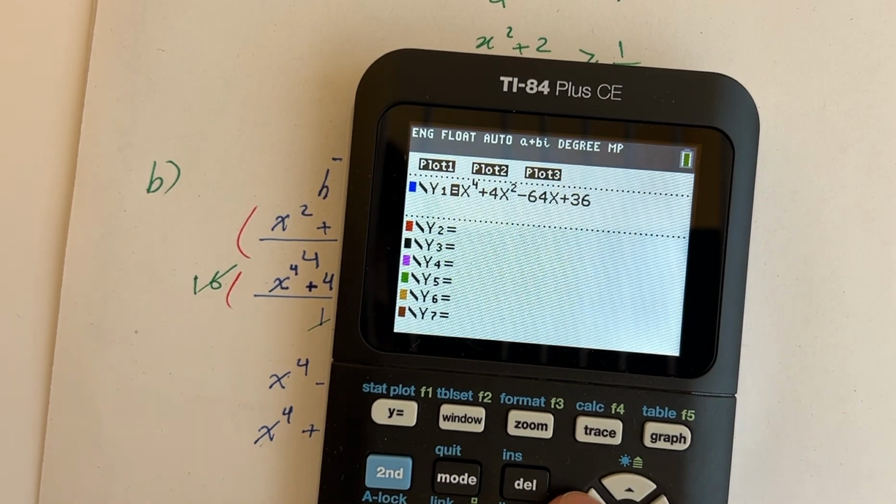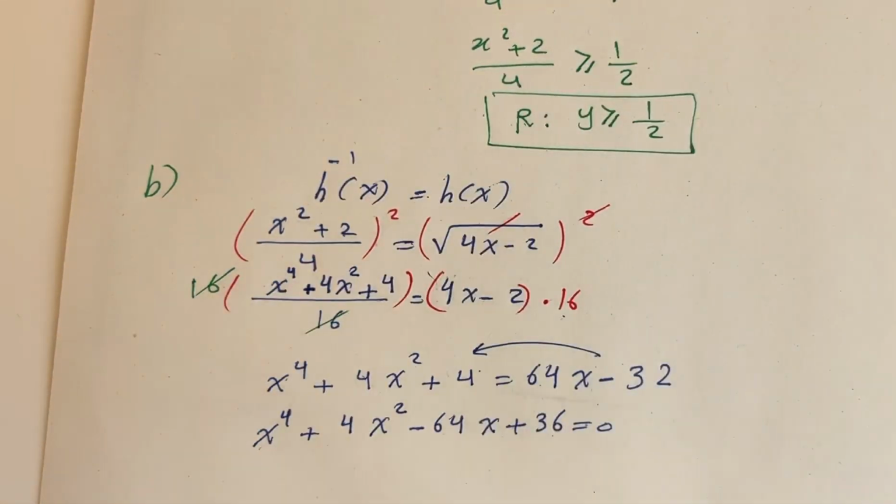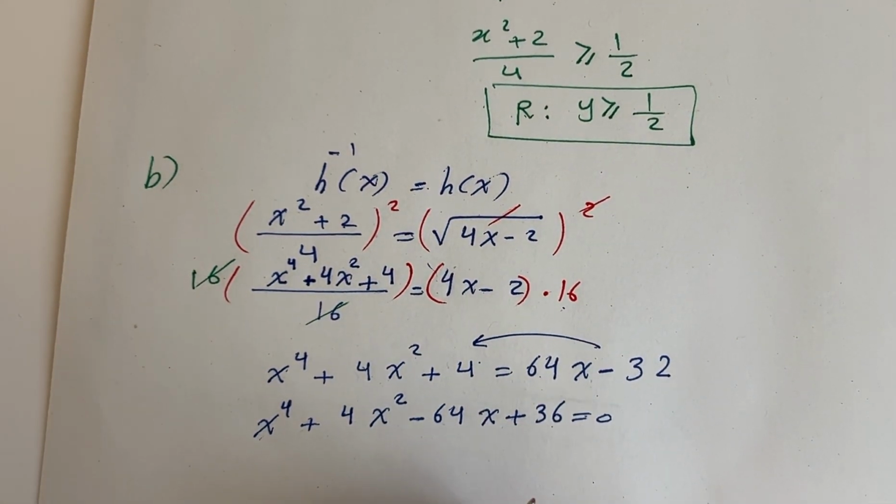There's a problem in my calculator. So once you graph it, it will show you the x-intercept. So there will be two values of x-intercept.